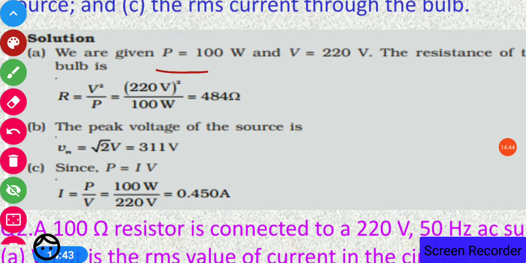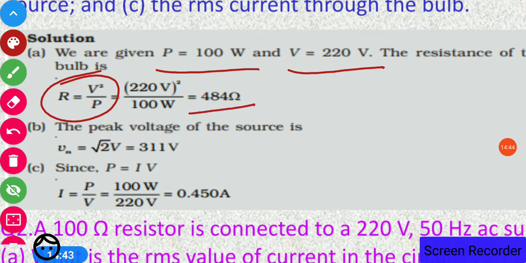So what is given? Power is 100 watt and V is 220 volt. Now just recall the formula, R is equal to V square upon P. This formula you have studied in chapter 2 current electricity as well as in your 10th class. So by putting these two values we can get the resistance of the bulb.